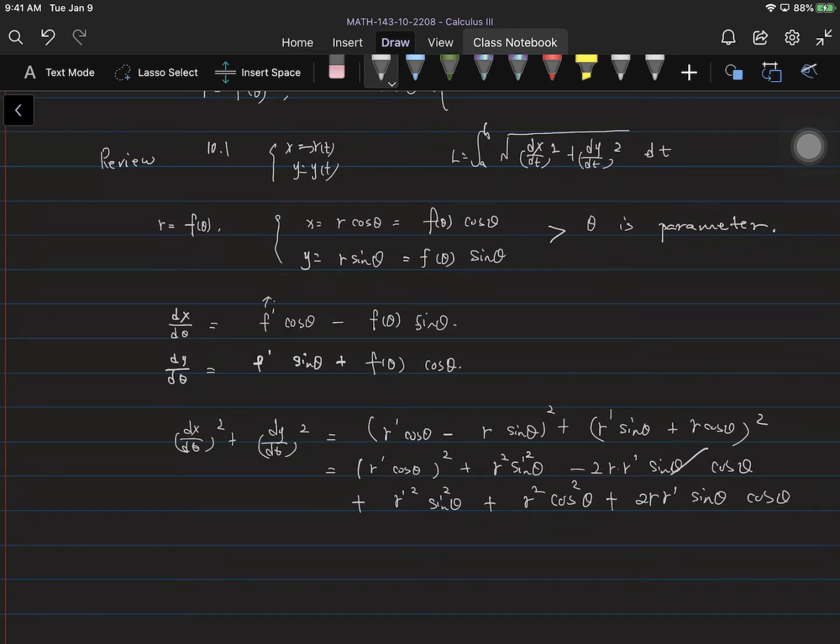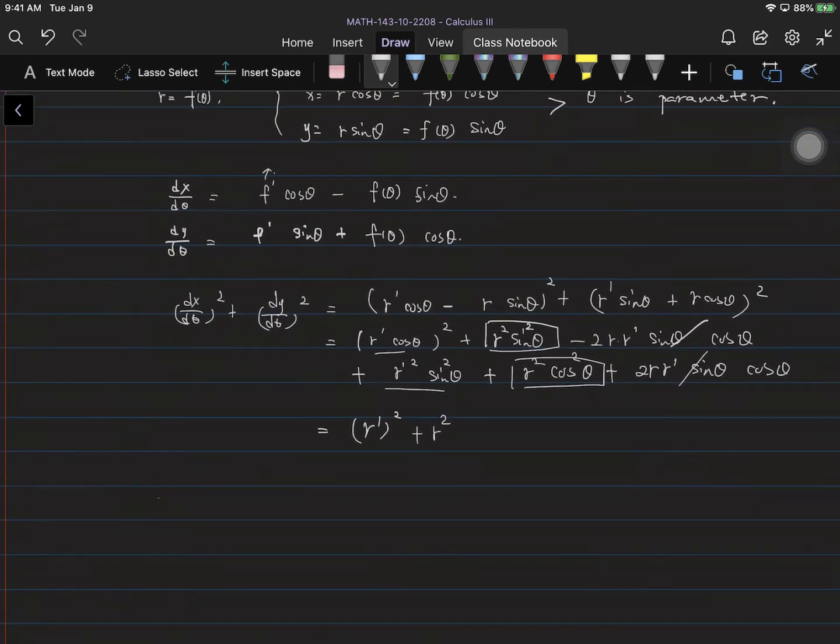We notice that those two terms are the same, one negative, one positive, so we cancel them. If we look at this term, we combine those two, and sine squared plus cosine squared equals 1, so this gives us r prime squared. And if we add those other two terms together, same thing, this gives us r squared.